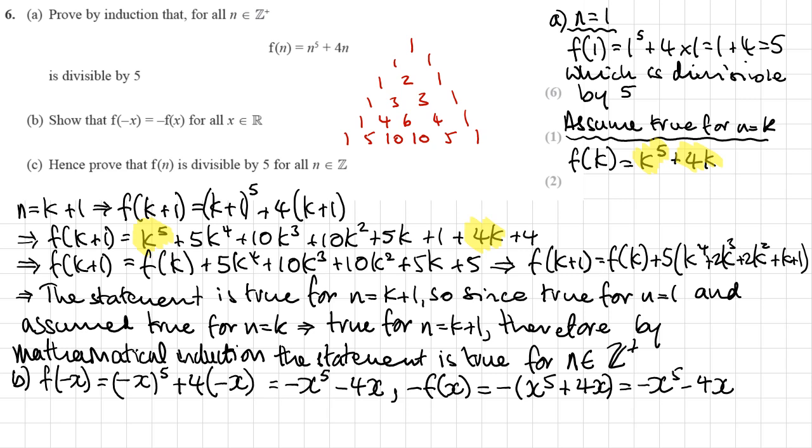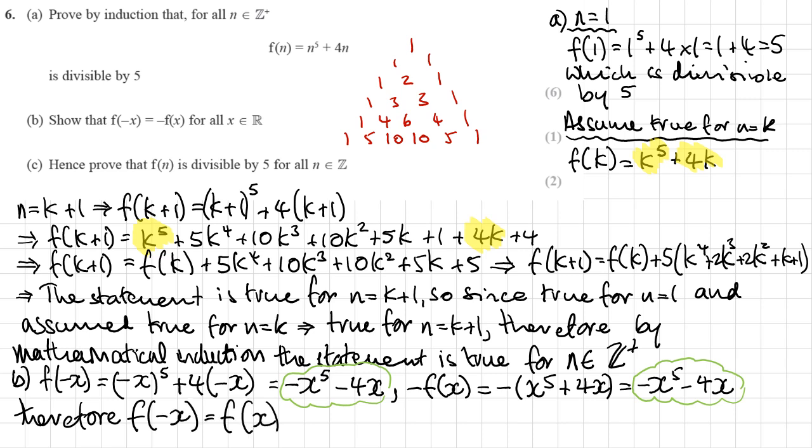Now I can see that these two statements are the same thing, aren't they? So I can just say, therefore, f of negative x is equal to negative f of x.